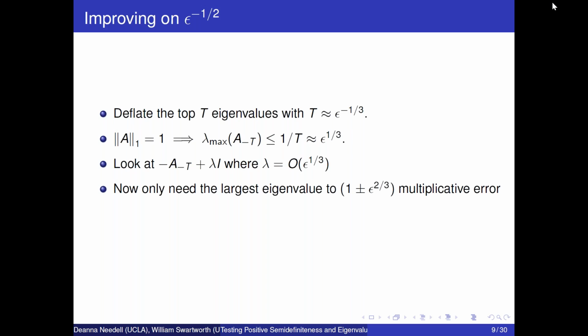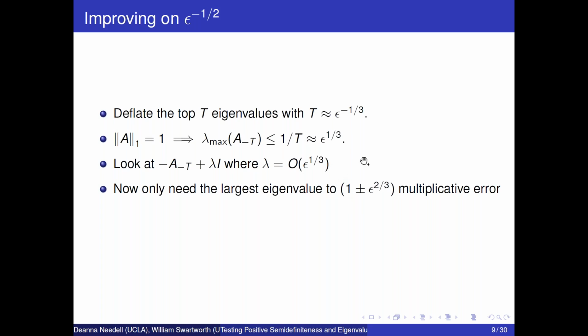And the significance of this is now when we do our shifting, well, the max eigenvalue is going to be order epsilon to the 1/3. Okay, and we know that there's a gap between when we do our negating and shifting, the max eigenvalue, the gap is still going to be epsilon, like what it was before. But since the max eigenvalue is epsilon to the 1/3, epsilon is only an epsilon to the 2/3 fraction of that.